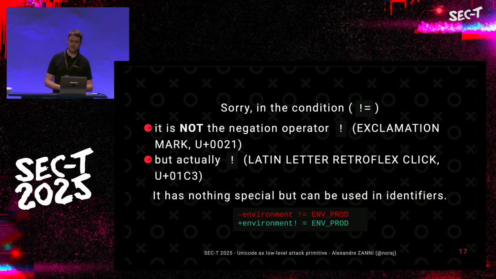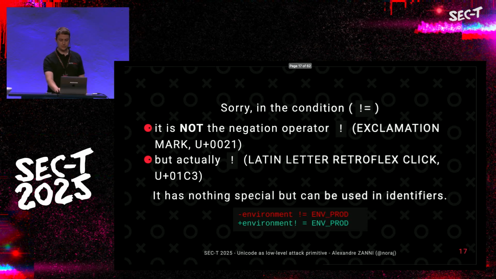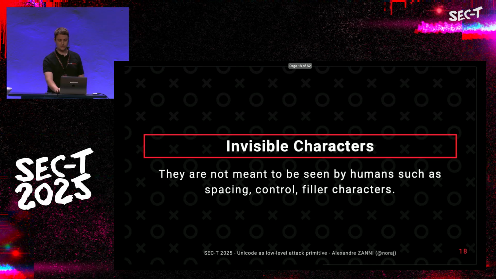But in fact, what the code was doing was assigning the constant value to the environment, with the retroflex click character in the variable name. So the assignment will always be true. So in the code, it will always return true and bypass the authentication mechanism. So it could be a way to introduce a backdoor in source code.